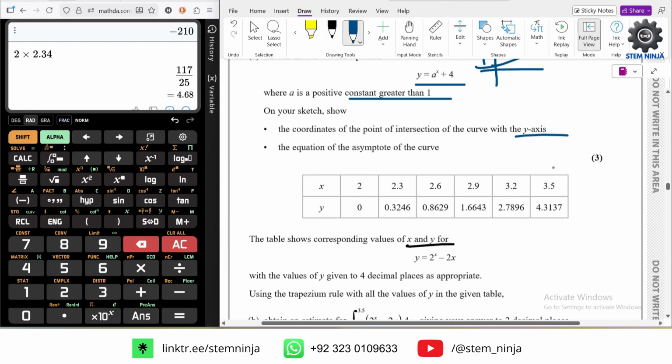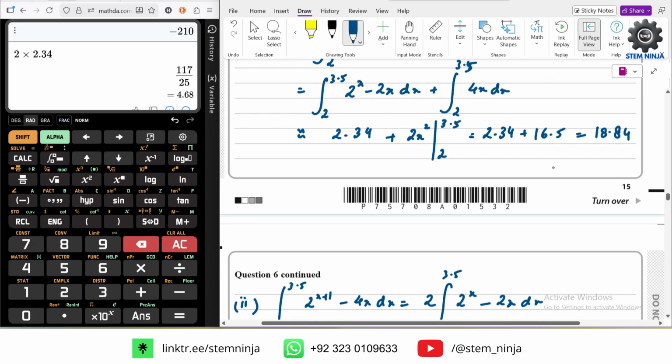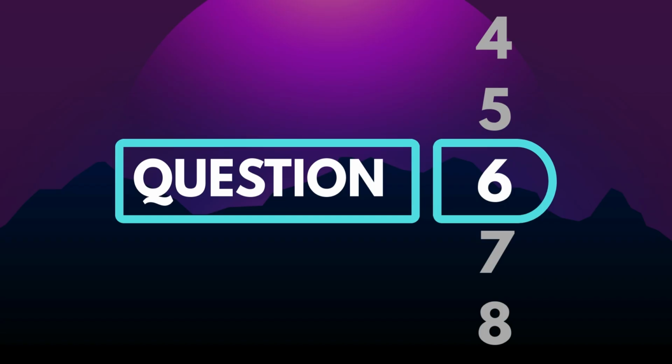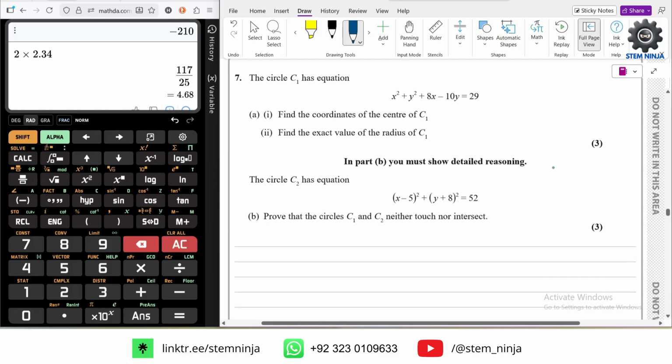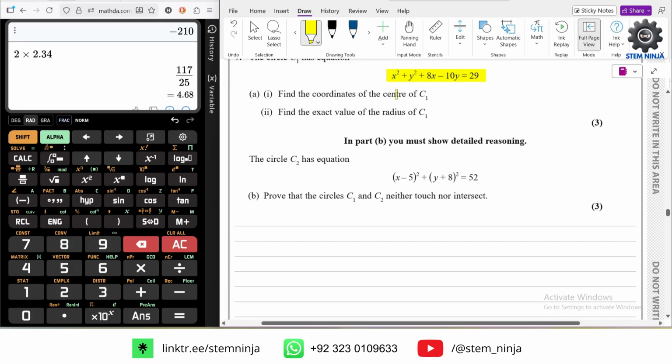Right, okay. Now let's move on to the next question. Question number 7. The circle C1 has equation x squared plus y squared plus 8x minus 10y equals 29. Find the coordinates of the center of C1 and the radius of C1. Okay, so both of those can be accomplished by completing the squares of this equation.